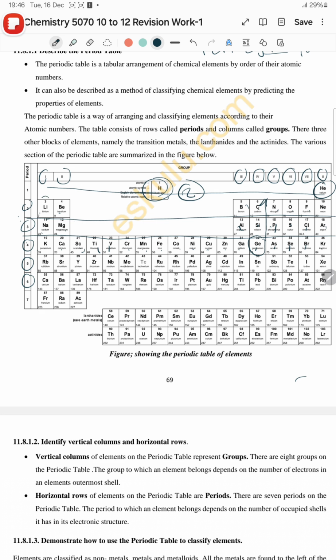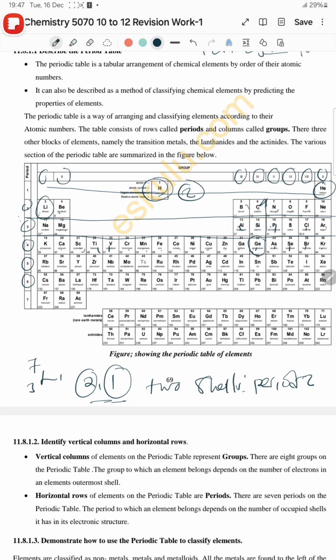So now what we are going to do is this. Let's start with lithium. If you go for lithium, that is 7, and then here 3. So this is 2,1. So we have shell 1, shell 2. Therefore it has 2 shells, so it is placed in period 2. Let's look at another one.